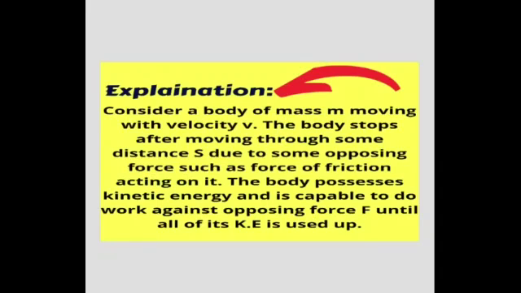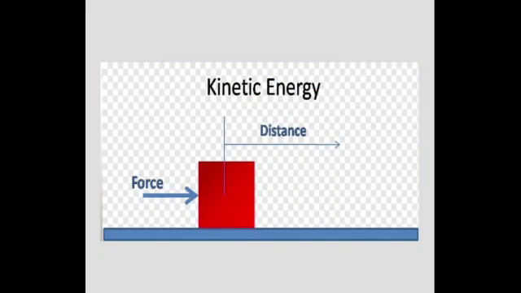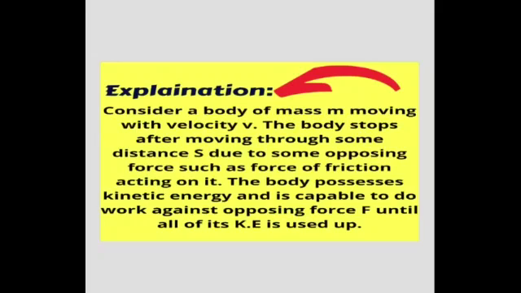The body stops after moving through some distance due to some opposing force, such as the force of friction acting on it. It means if that block is moving and covering distance s, and you have applied a force on it, let's suppose the force of friction, then this block will stop after some time. The body possesses kinetic energy and is capable of doing work against this opposing force F until all of its kinetic energy is used up.